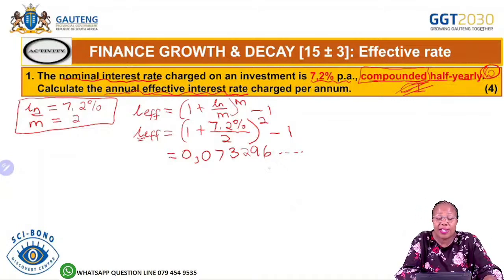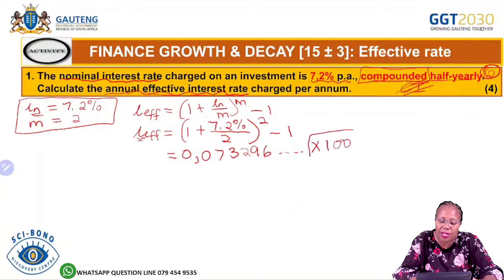So whatever answer that we get there, we are going to multiply this by 100 so that this can change to a percentage, right? And then this will give us how much? 7.33, because now we need to take 2 decimals after a comma, as stated on your instruction sheet at the beginning of your question paper, unless stated somewhere here that round off to certain decimal places.